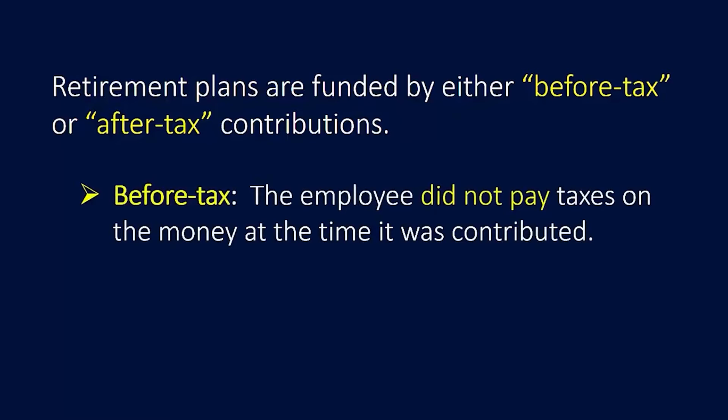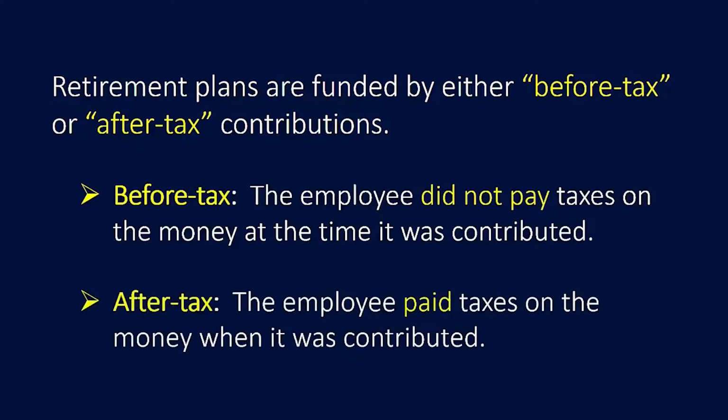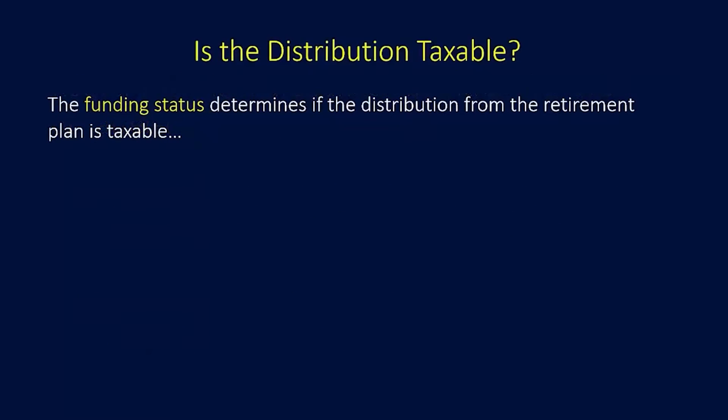Before-tax contributions mean the employee did not pay taxes on the money at the time that it was contributed. After-tax, meanwhile, means that the employee paid taxes on the money when it was contributed. The funding status determines if the distribution from the retirement plan is taxable.